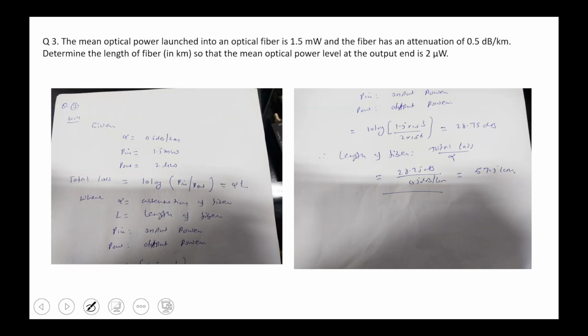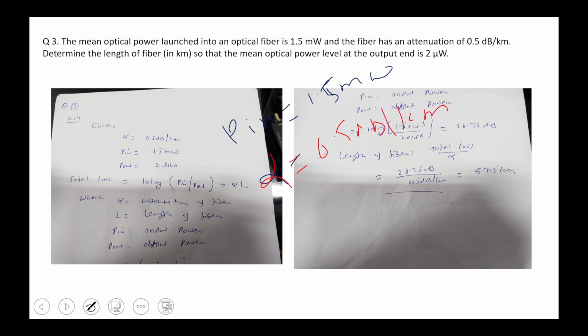The third question is about the mean optical power launched into an optical fiber of 1.5 milliwatt. So the input power P in is 1.5 milliwatt, and the fiber has an attenuation alpha of 0.5 dB per kilometer.